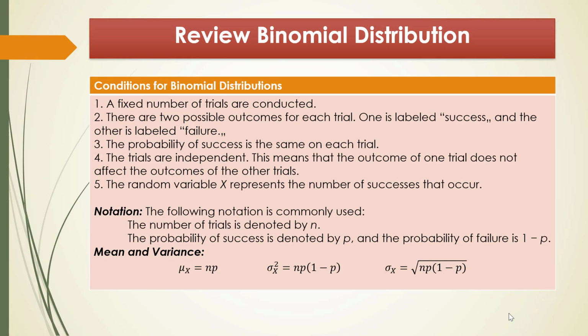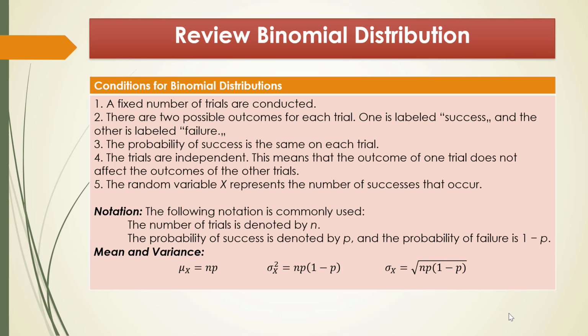Remember in topic 5, we learned that there are certain conditions for a random variable to follow binomial distribution. The first condition is a fixed number of trials are conducted. Number 2, there are 2 possible outcomes for a trial. One is labeled success and the other is fail.